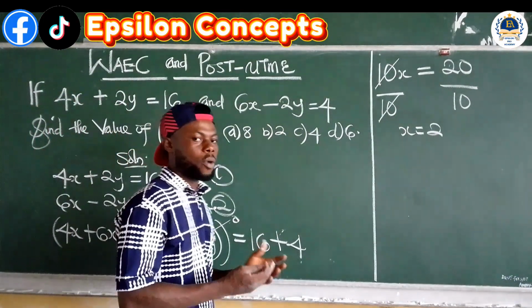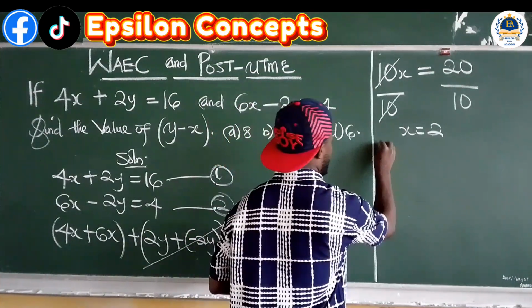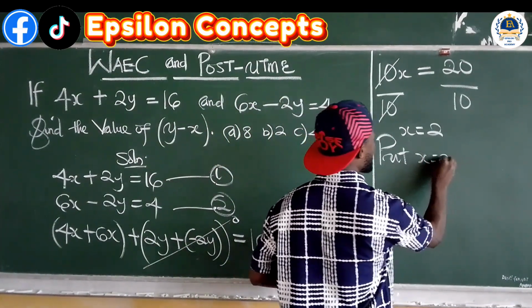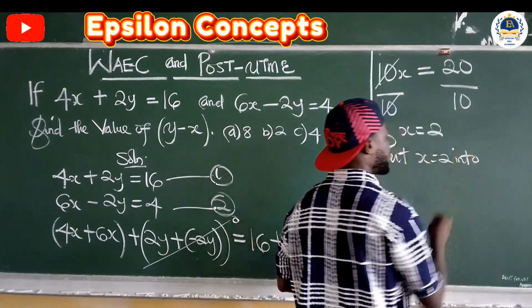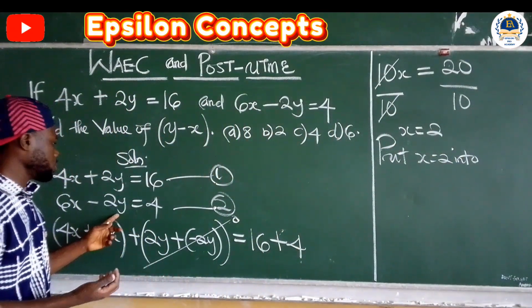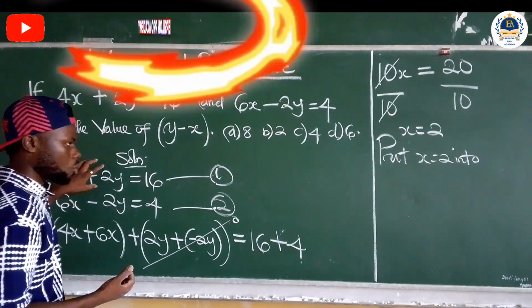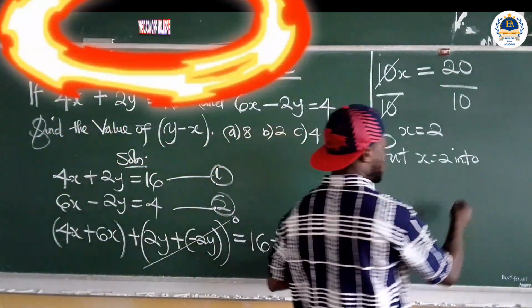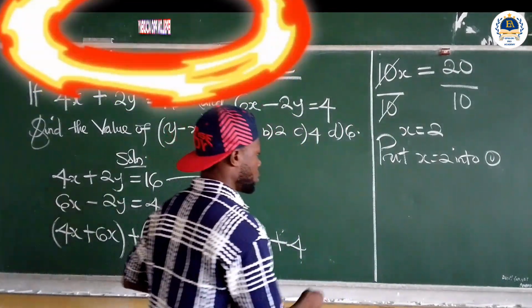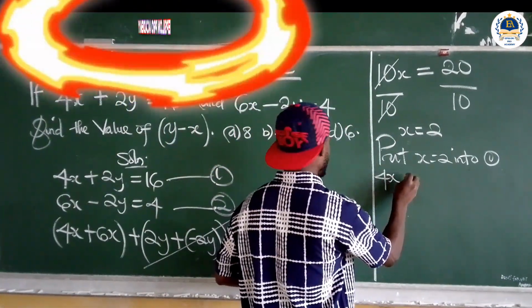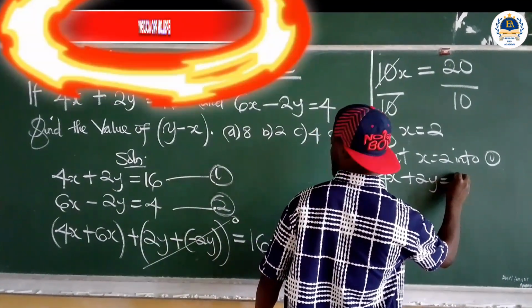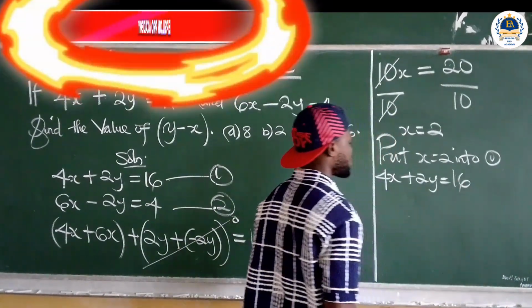To find the value of y, put x equal to 2 into either equation 1 or equation 2 on the board. So let's consider equation 1. Let's put this into equation 1. And equation 1 on the board is 4x plus 2y is equal to 16.